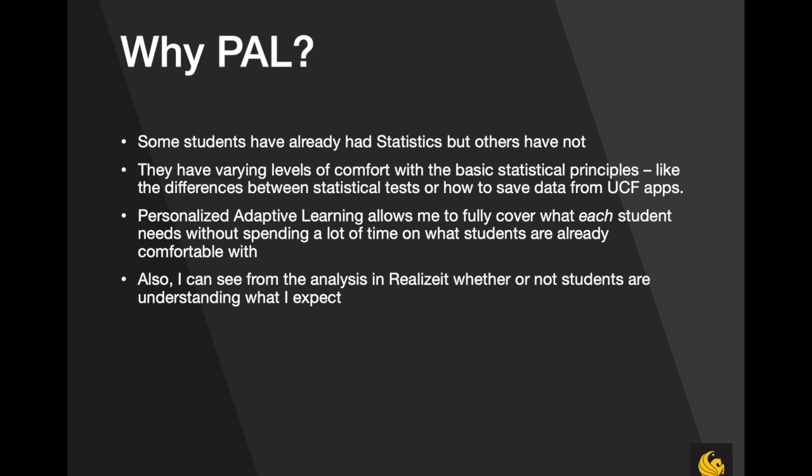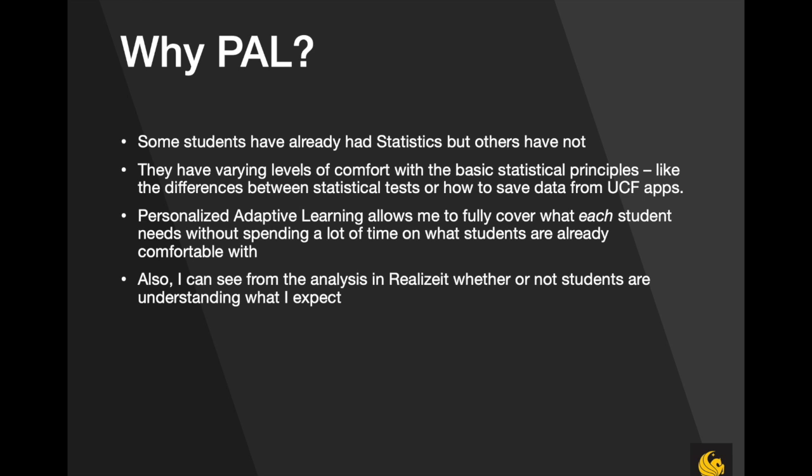Student B, maybe is fine with the technology but never really understood or is really comfortable using the statistical tests, especially distinguishing between subjects and within subjects. And then we've got student C who understood it all and has no problem. Here, student C can just sort of fly through the modules and take the tests and not have to spend a whole lot of time reviewing that information.